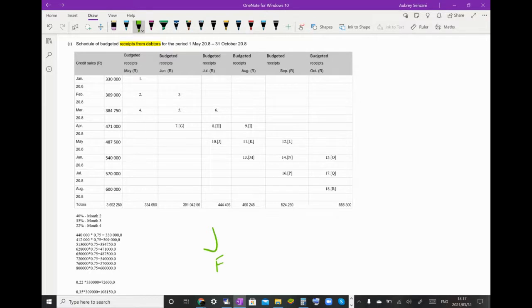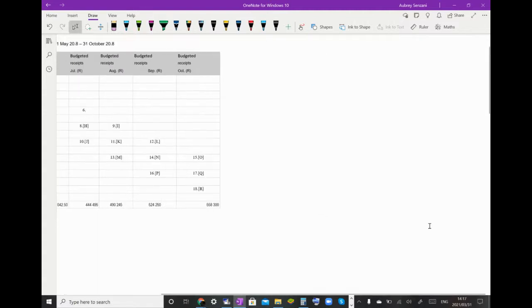Can you do it that way? Okay, we're going to need to do this. Let's do it this side. January, February, March, April. Okay, I think I'm going to need to write it smaller. Okay, let's do this. January, February, March, April, May, June, July, August, September, October, November, December. I'm just going to write all of it out.